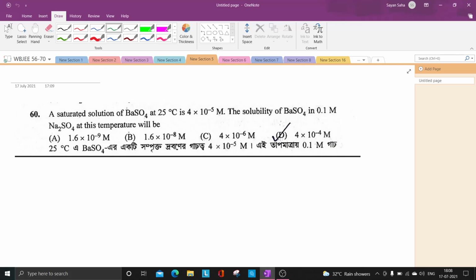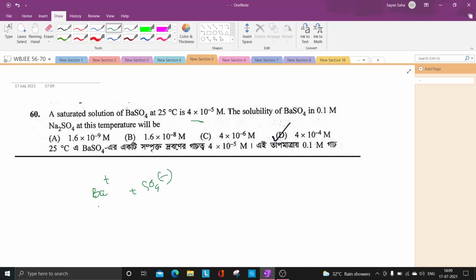So a saturated solution of BaSO4 at 25 degrees Celsius, this is the concentration. Now you know that the solubility product, this salt will ionize like this, Ba plus plus SO4 minus.